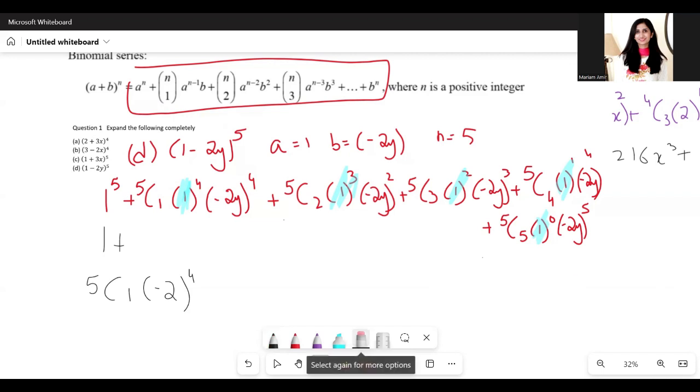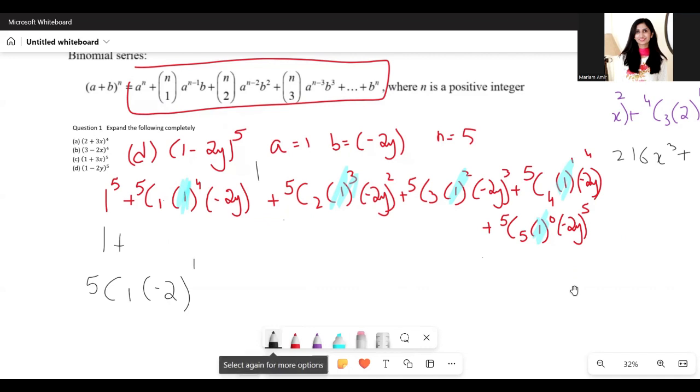Why did I write 4 here? It's always the lower power. Let me double check. The rest are correct. The first one was incorrect. Sorry about that. Okay, so it's going to be power 1. Okay, so minus 2 power 1.